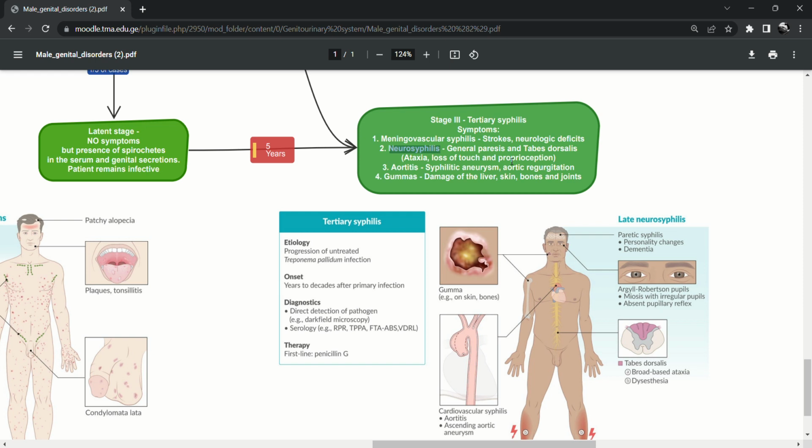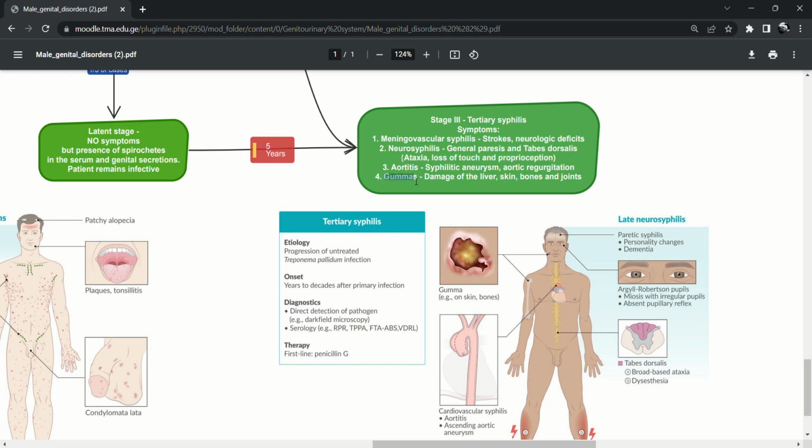There's generalized paresis and tabes dorsalis, which is damage of the dorsal root of the spinal cord, characterized by ataxia, loss of touch, and proprioception. So this is the clinical presentation of tabes dorsalis.